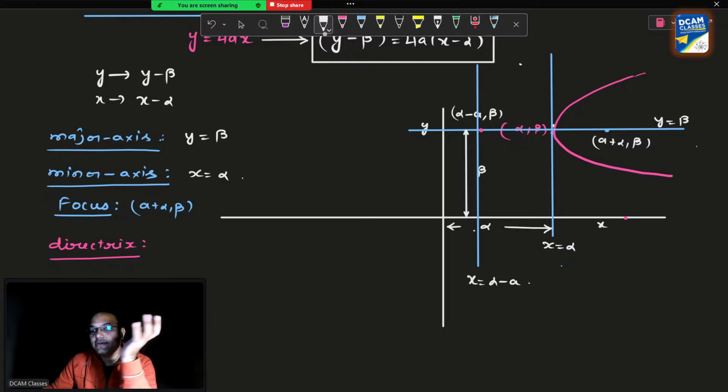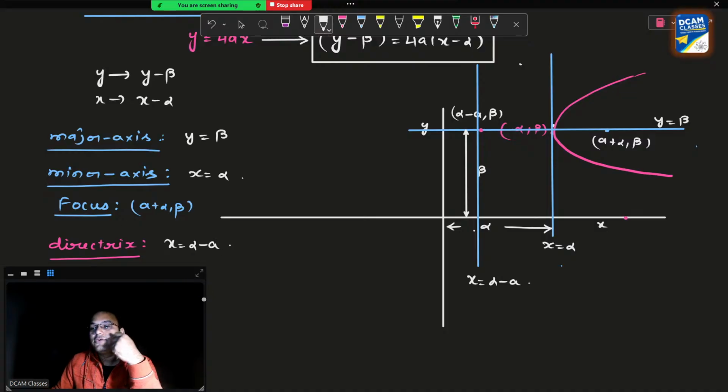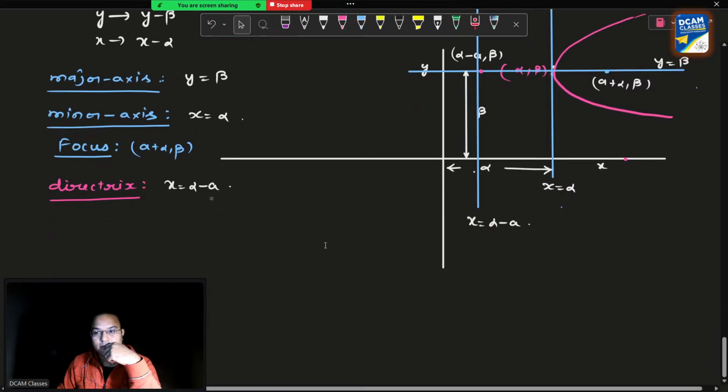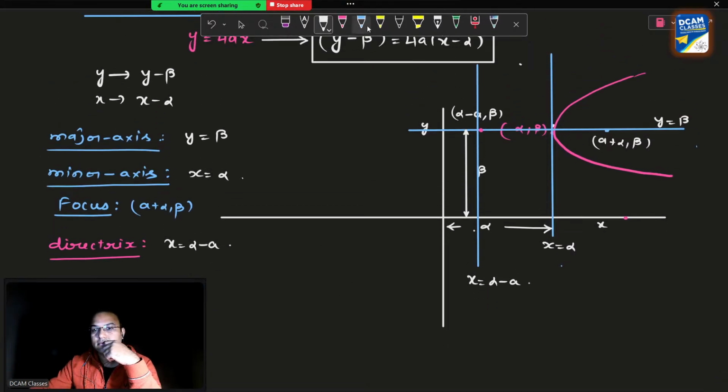The equations you'll tell easily, but finding out the coordinate distances sometimes becomes confusing. x is equal to alpha minus a. This is the equation. So what is the equation of latus rectum? Again, x equal to alpha.